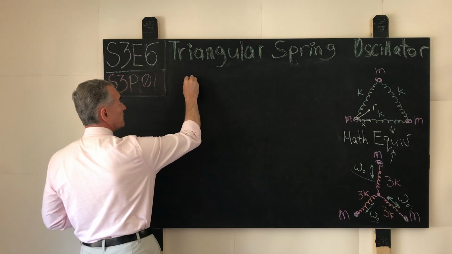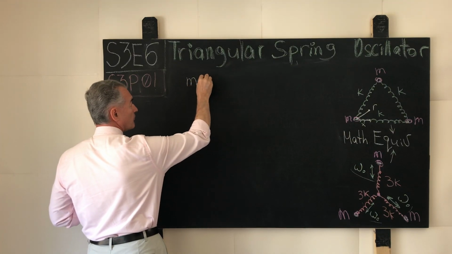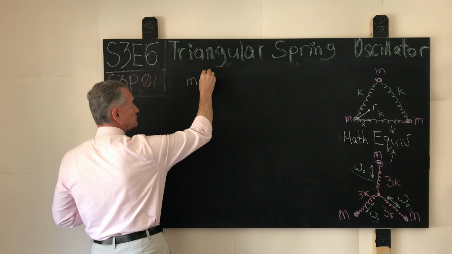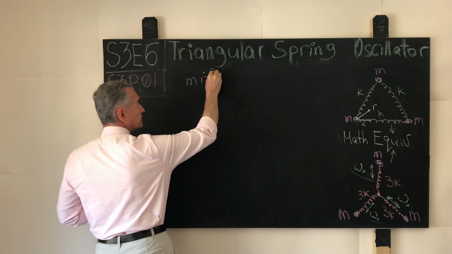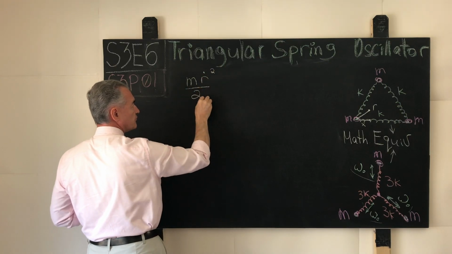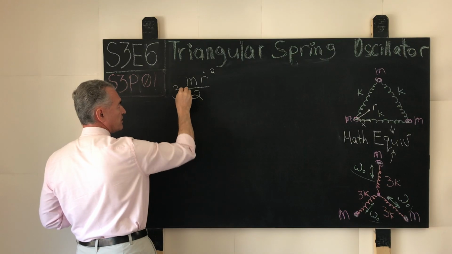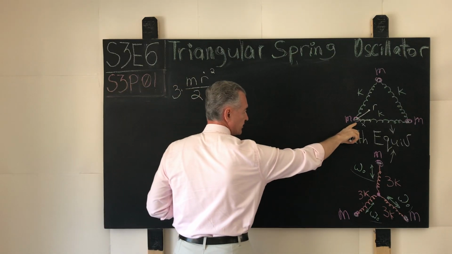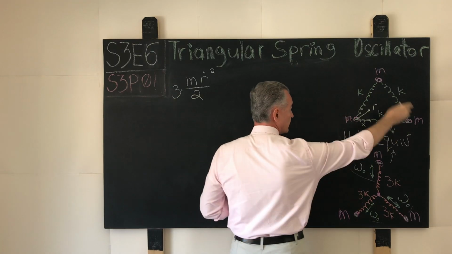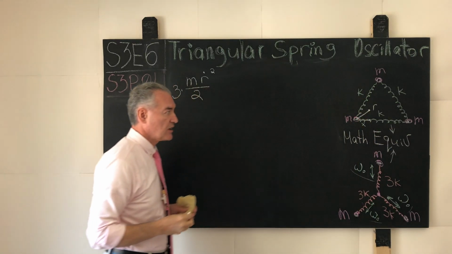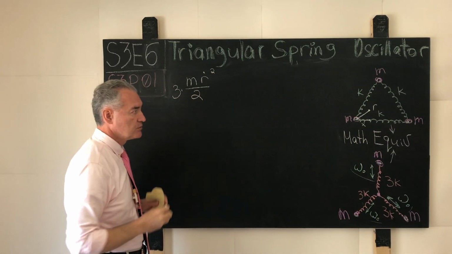Well, it will be m r dot squared over 2, and we have 3 copies of it, but one representative is enough to give a faithful and complete description of how the system behaves as a whole.